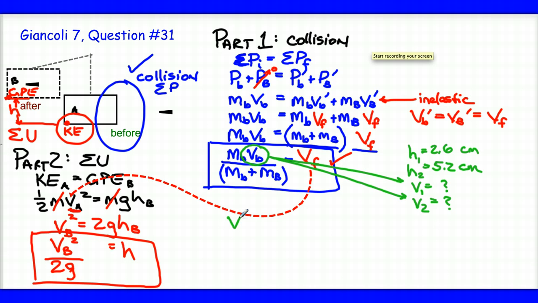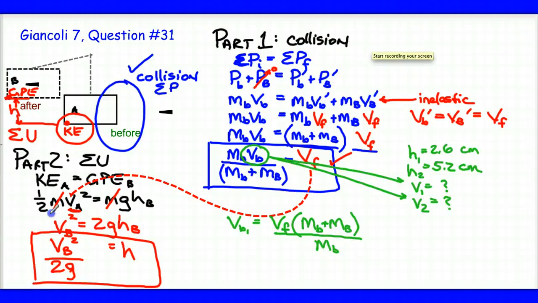The velocity of the bullet in test number 1 is equal to the final velocity, VF, times the total mass of the bullet and the block. I've simply multiplied both sides by the sum of the mass of the bullet and the block. And now I need to divide by the mass of the bullet.